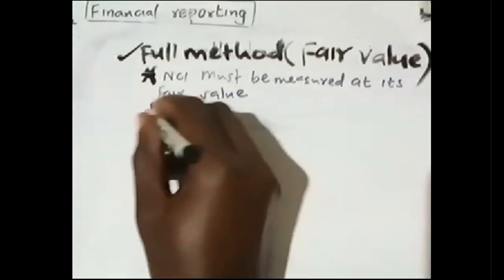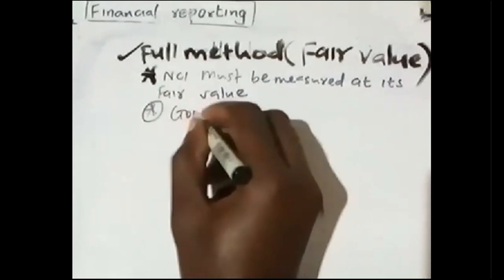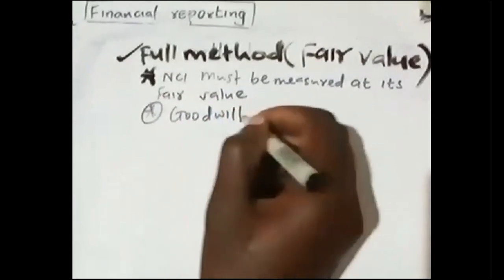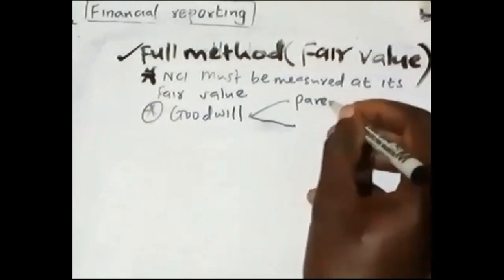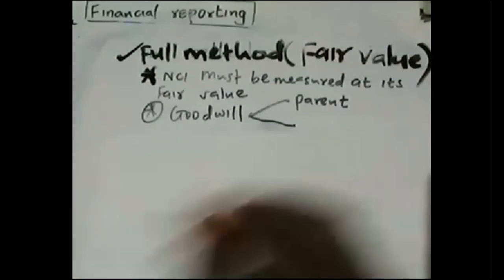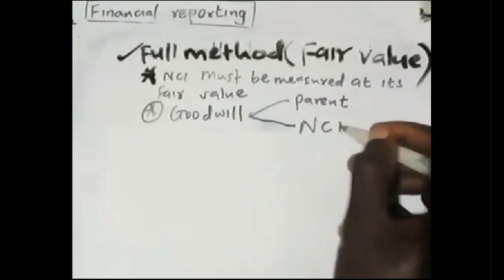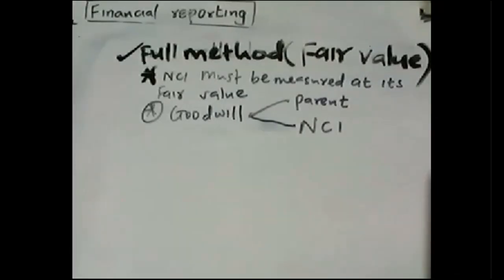And the goodwill you get from using the full method will be attributable to the parent and the non-controlling interest.